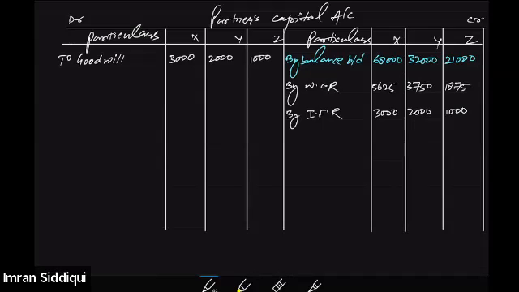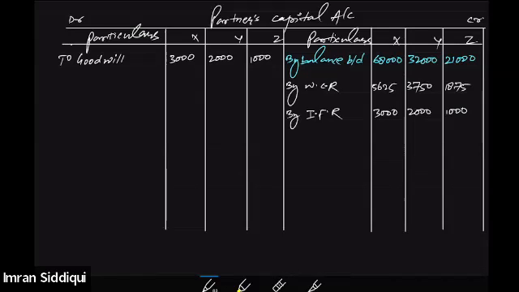All right, is that clear as well? Excuse me, sir. Yes, please tell me. Sir, workman compensation is reduced by 750 from 12,000.